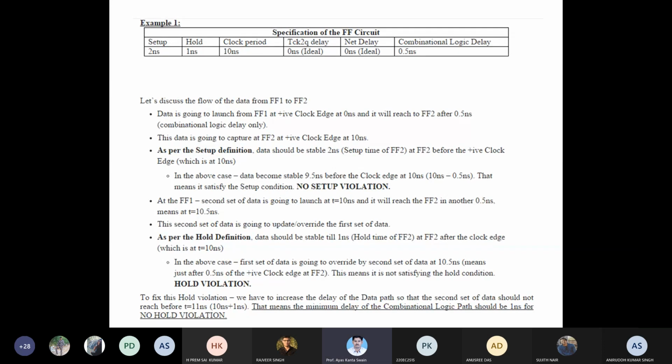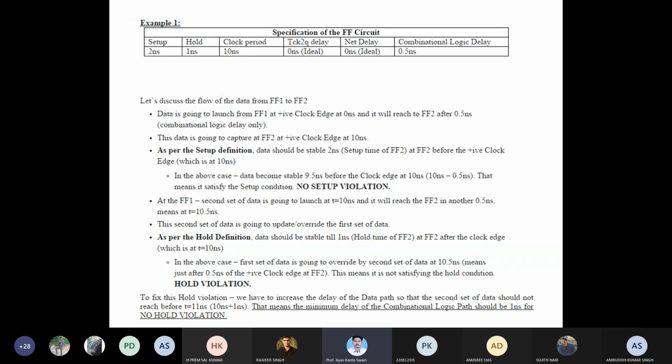Reading out for your better understanding again. At flip-flop 1, the second set of data is going to launch at t equal to 10 nanosecond, and it will reach FF2 in another 0.5 nanosecond, that is t equal to 10.5 nanosecond. This second set of data is going to update or override the first set of data.